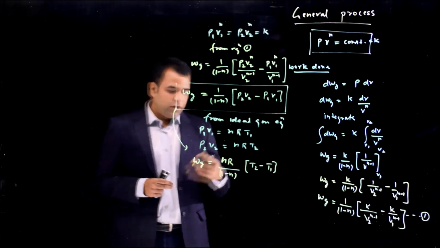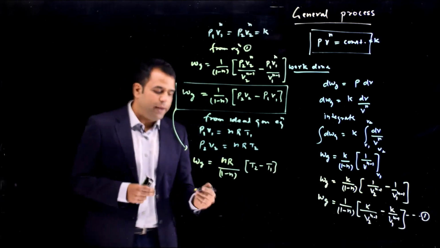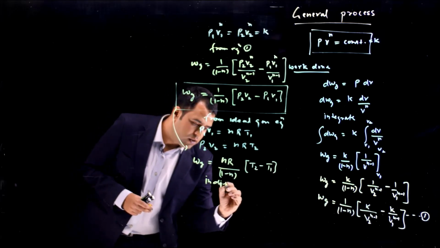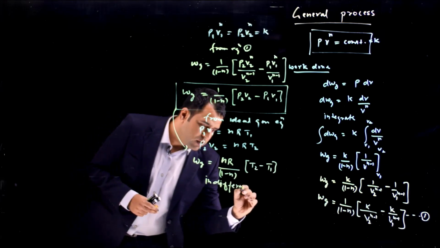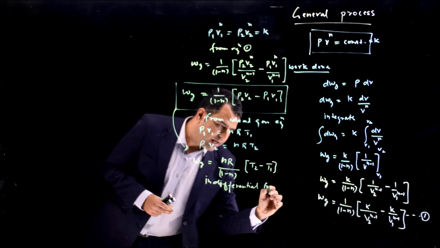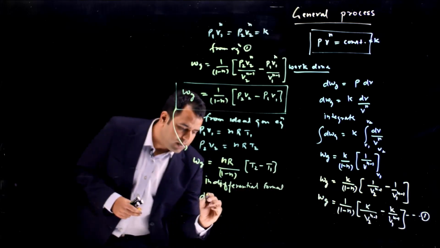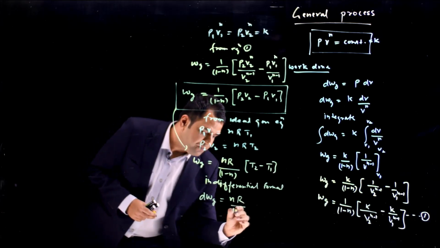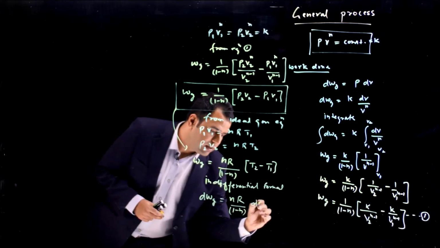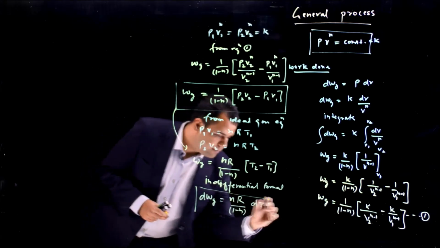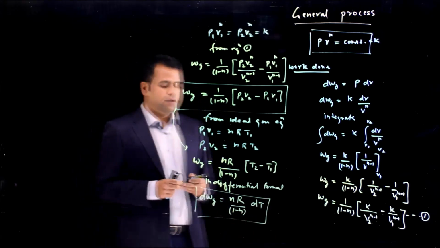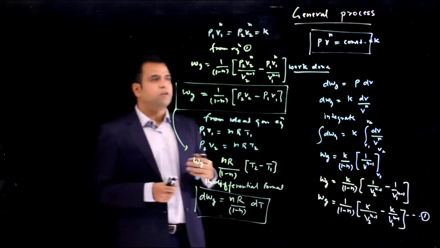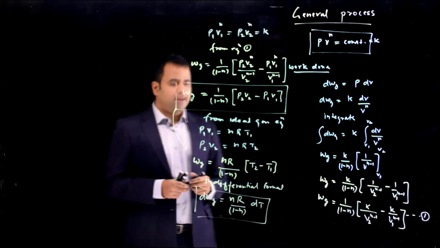If I convert this equation to differential format, it becomes dWg equals nR upon 1 minus n times dT. This is the equation for work done by the gas in terms of temperature for this general process.